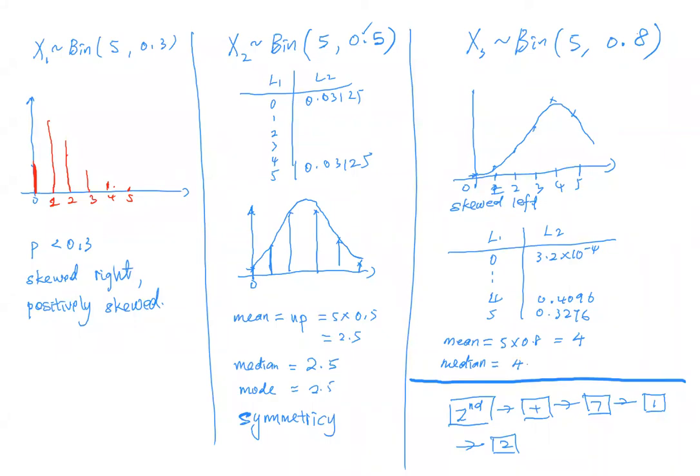Now you know. I asked you to try to use your calculator. So you got that. So for binomial distribution, you look at the p-value, you will know how the distribution looks, whether it's skewed left, skewed right, or symmetrical.